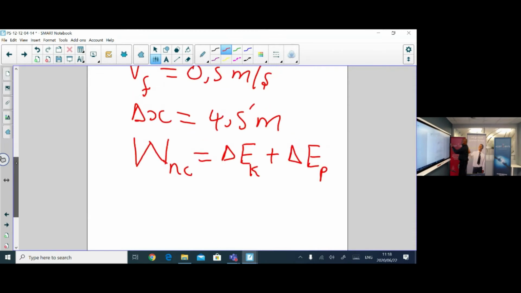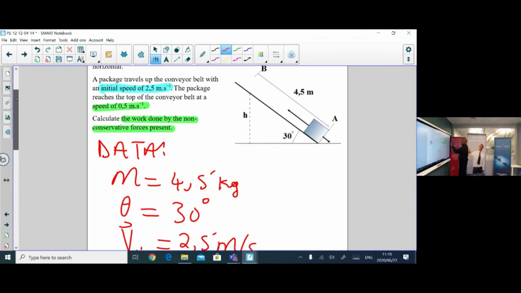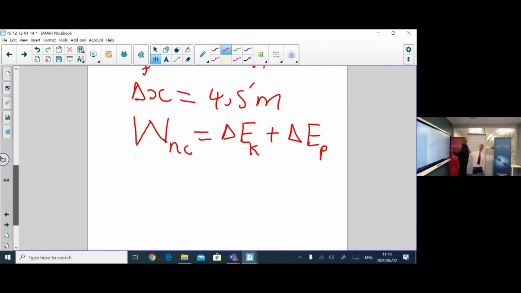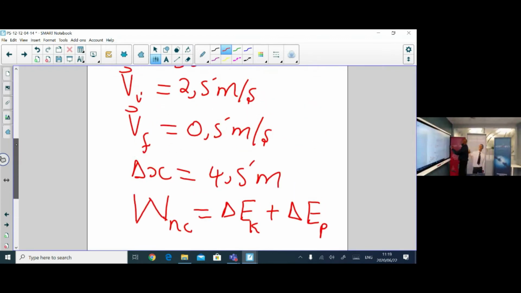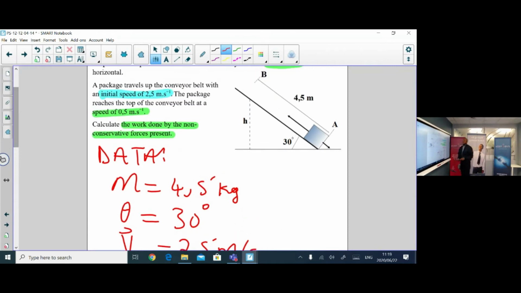All right, let us carry on. What do we have? We have been given this. What about the height? In order for us to calculate the potential energy, we don't have it. I need you to look at this diagram. We have our H here. Your H is unknown. This is the opposite side.